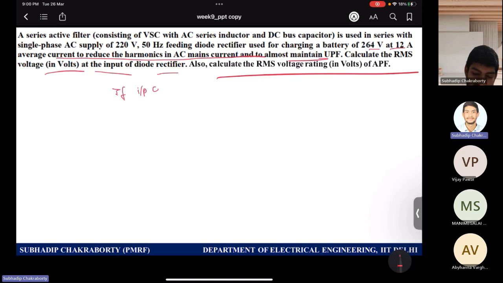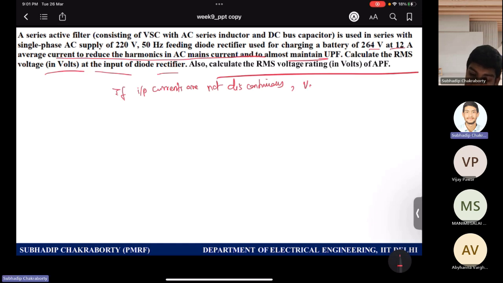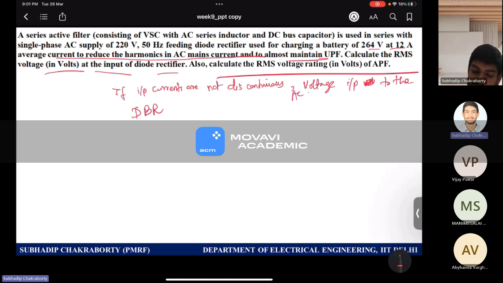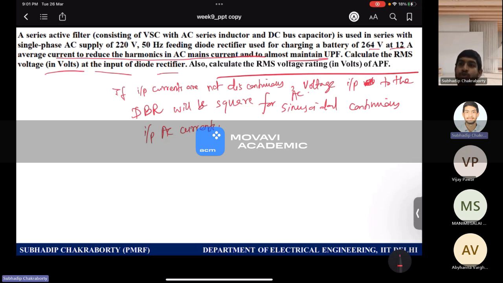If input currents are not discontinuous, which should actually be for a RE based load, then what is happening is that the voltage input to the diode bridge rectifier, or AC voltage input to the diode bridge rectifier, will be square for sinusoidal continuous input AC currents, because you are not giving a moment for the supply current to be discontinuous.